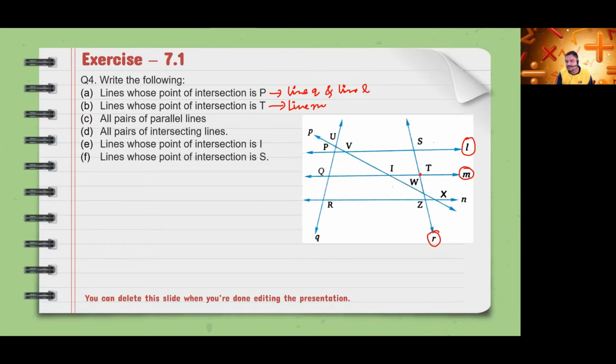This is the point of intersection. This line is passing through this point T, and line M is also passing through this point T. Sir, line P is also passing with the same line. See, this is line P. यानी ये वाला है line P. ये कहीं point T से पास हो रहा है क्या?